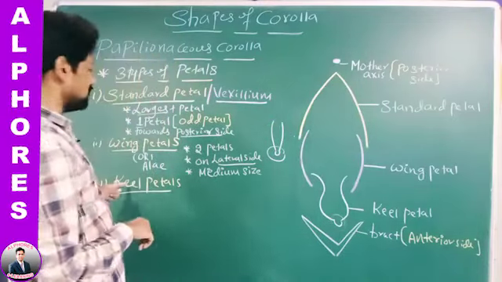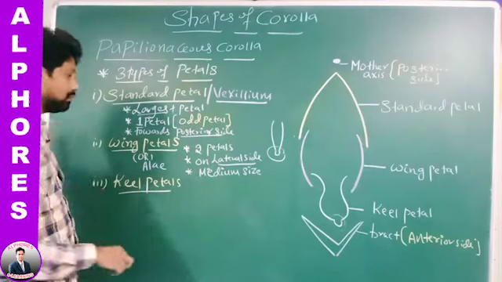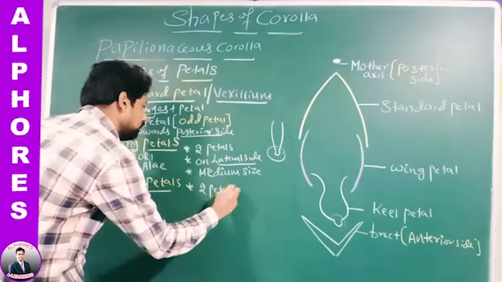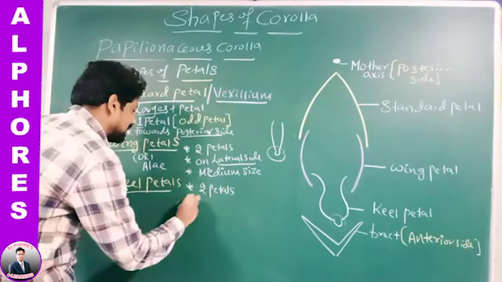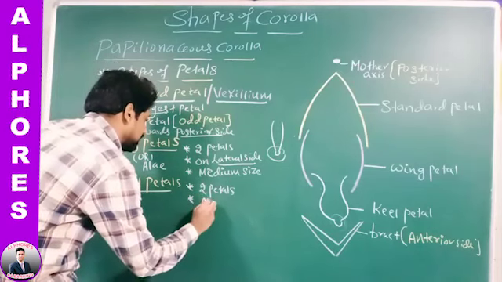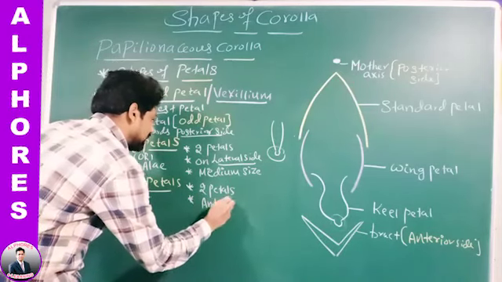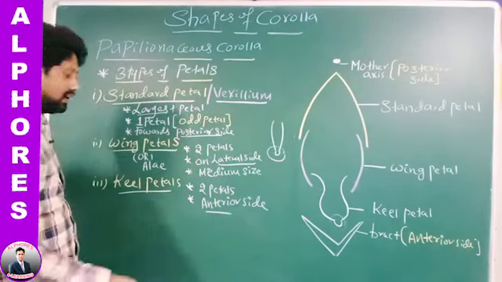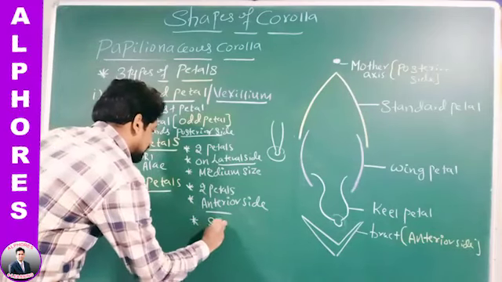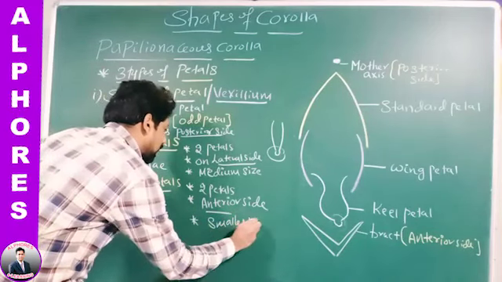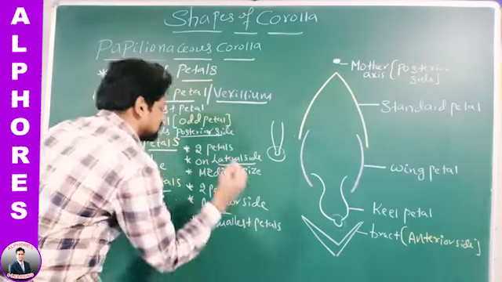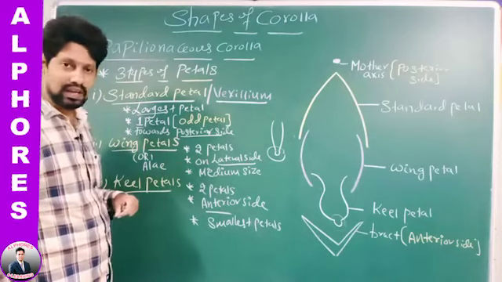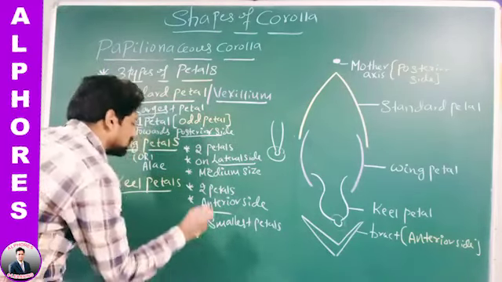Which petals are these, sir? Keel petals. How many in number? Two petals. They are on which side? Anterior side. They are the smallest petals. These two keel petals are partially fused at the base.